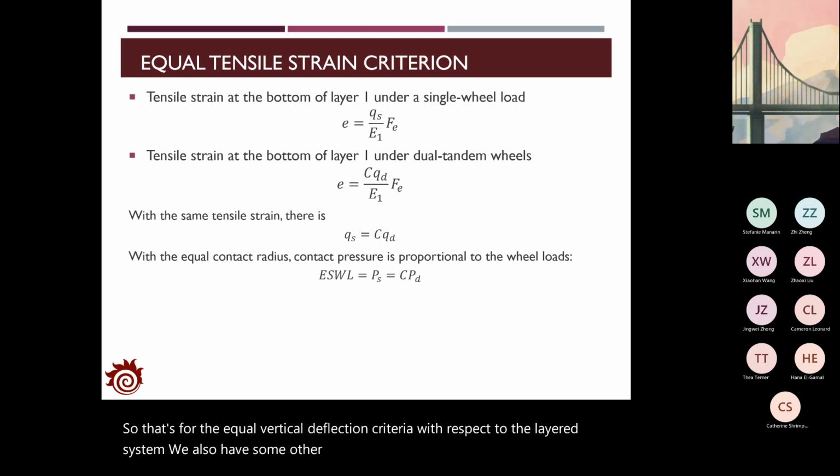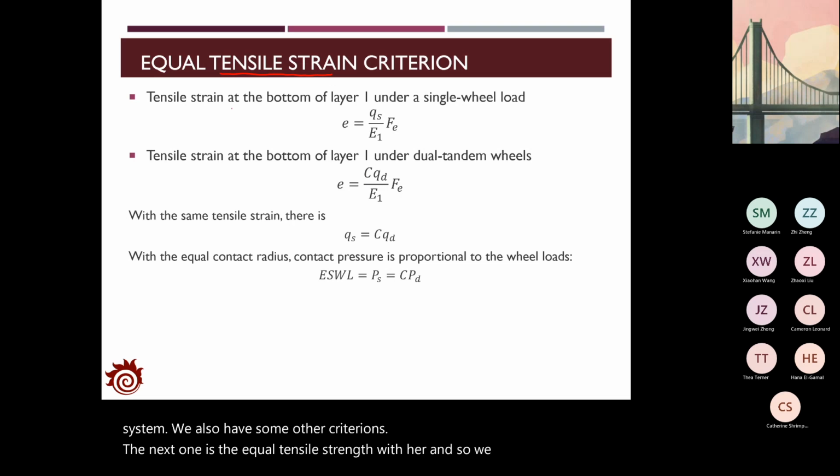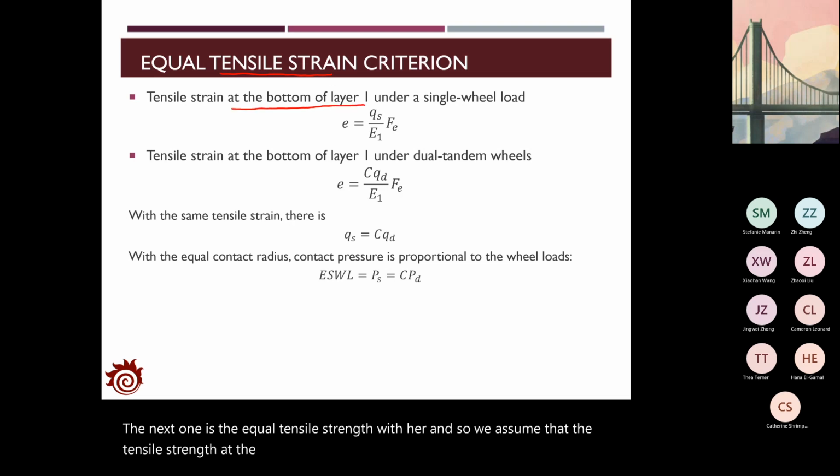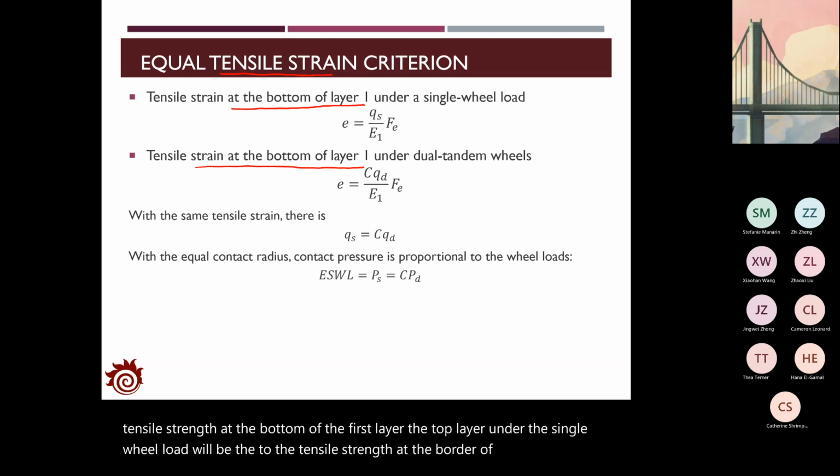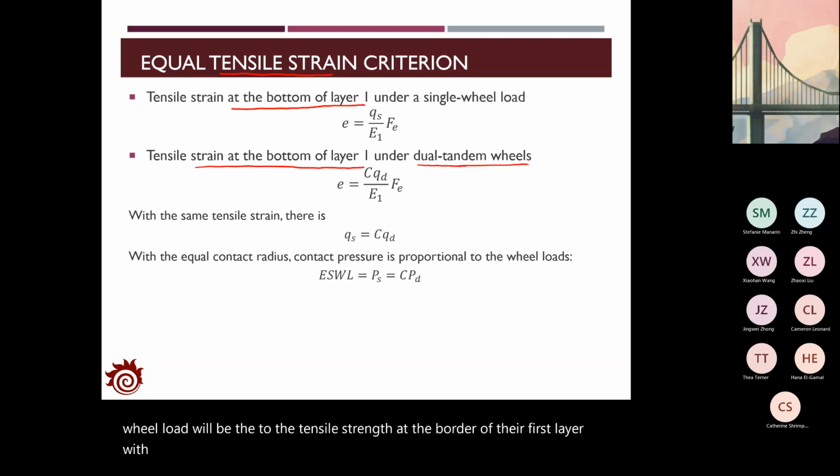The next one is the equal tensile strain criterion. So we assume that the tensile strain at the bottom of the first layer, the top layer, under the single wheel load will be the same as the tensile strain at the bottom of the first layer with the dual or tandem wheel.